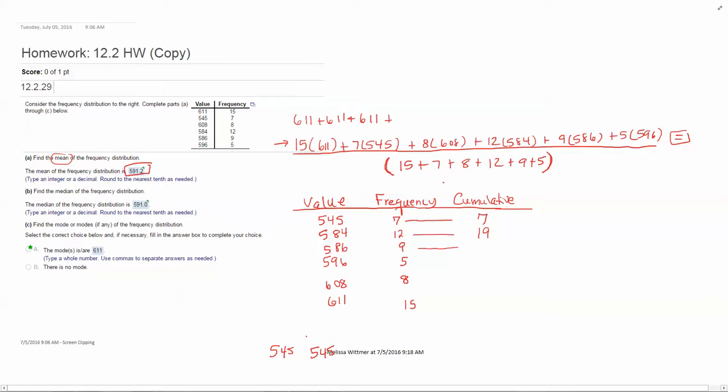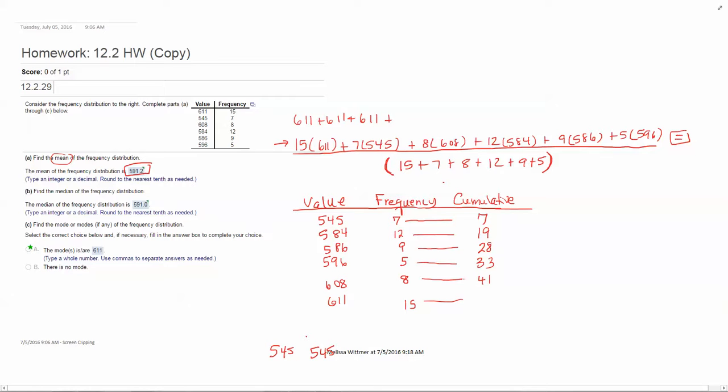So 19 plus 9 is 28. After I've written all the 545s, all the 584s, and all the 586s, I've got 28 numbers in the line. Now I add 5 596s. 28 plus 5 is 33 numbers. Now I add 8 608s, which gives 41 numbers.